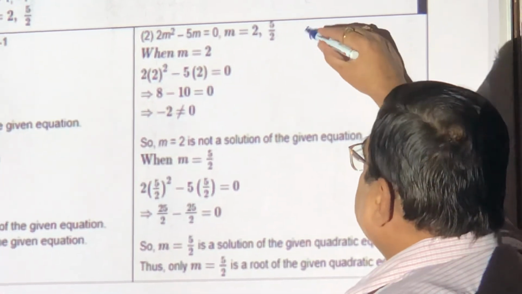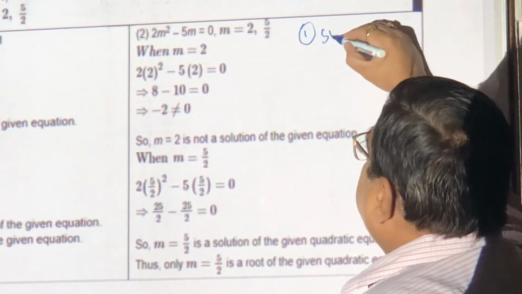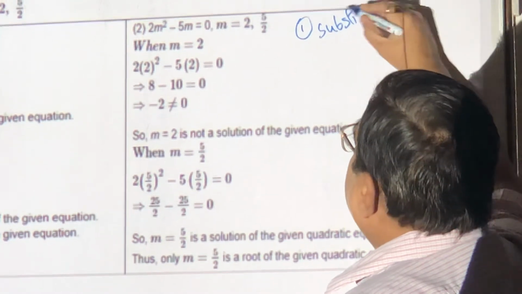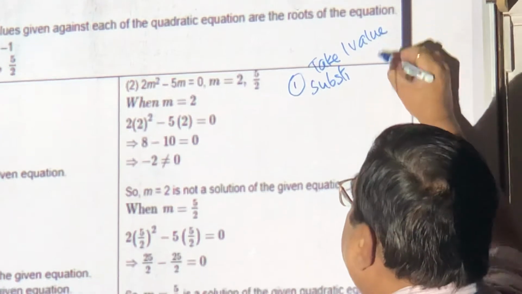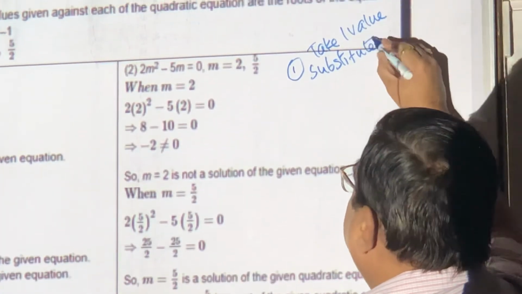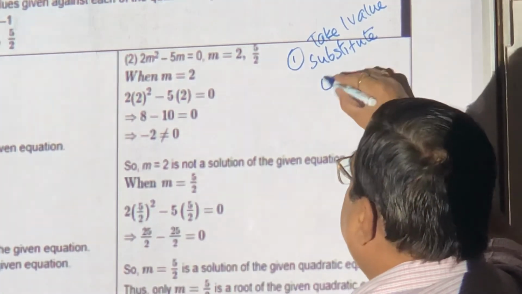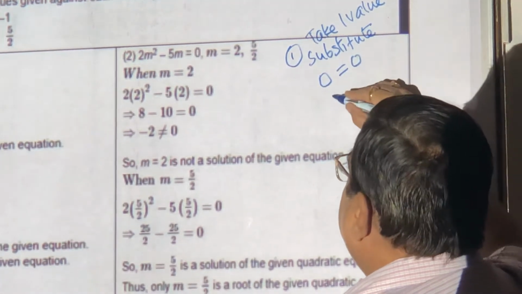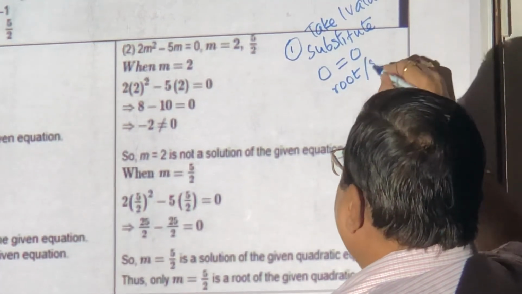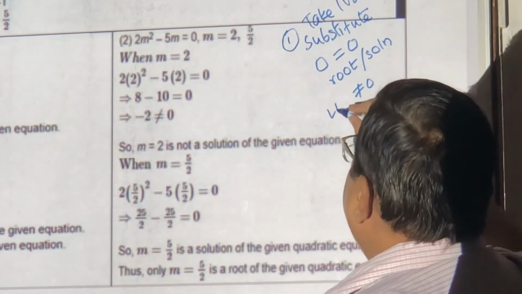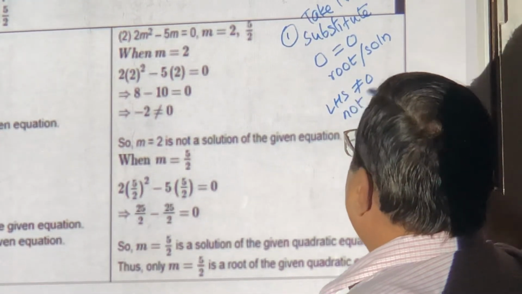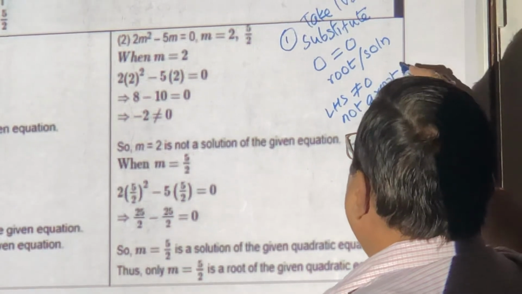I remind you first, substitute the value. Take one value at one time, don't take both. Take one value, substitute it in the equation and you should get 0 equal to 0. It is a root or solution. If left hand side is not equal to 0, then it is not a root or not a solution.